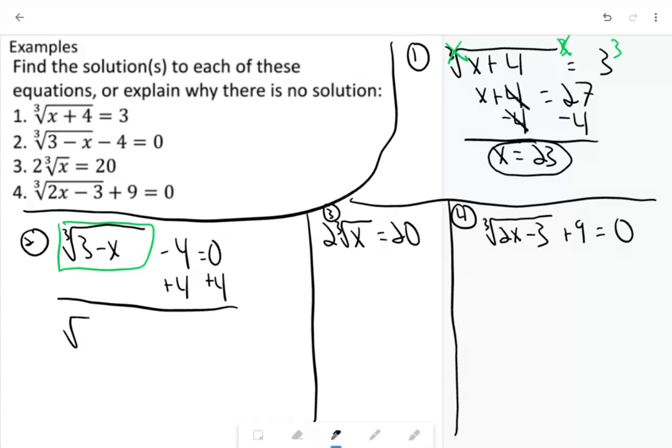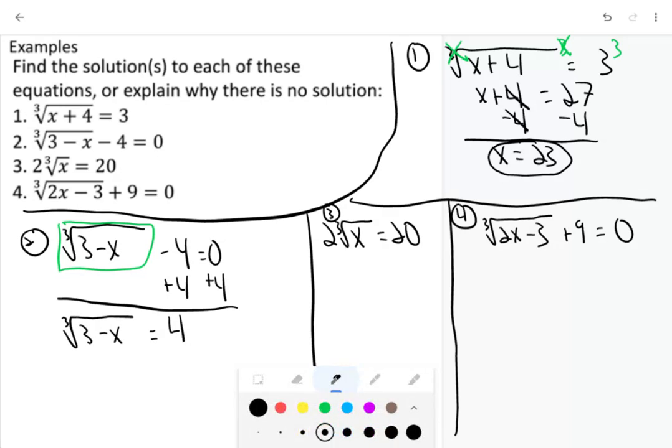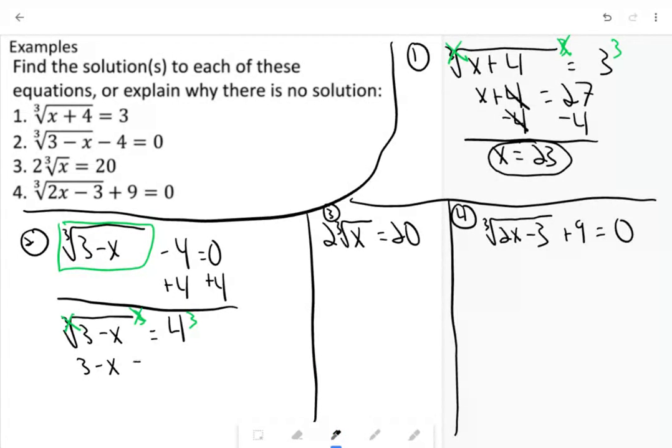So that gives me the cube root of 3 minus x equals 0 plus 4. Now I can go ahead and cube both sides. So that gives me 3 minus x equals 4 cubed. So 4 times 4 is 16, times 4 is 64. So 4 cubed is 64.